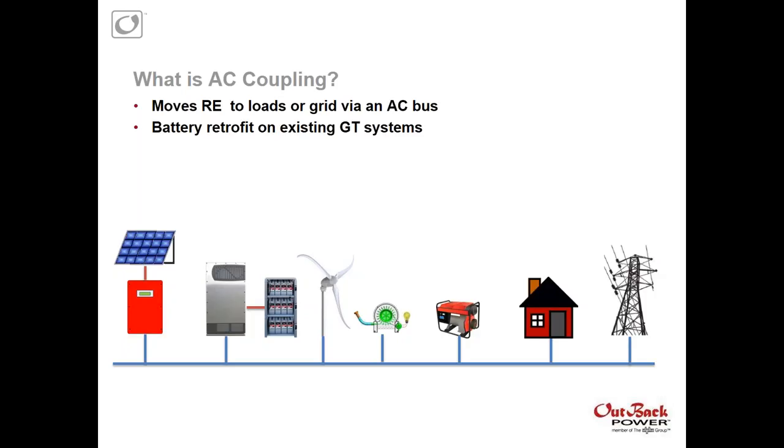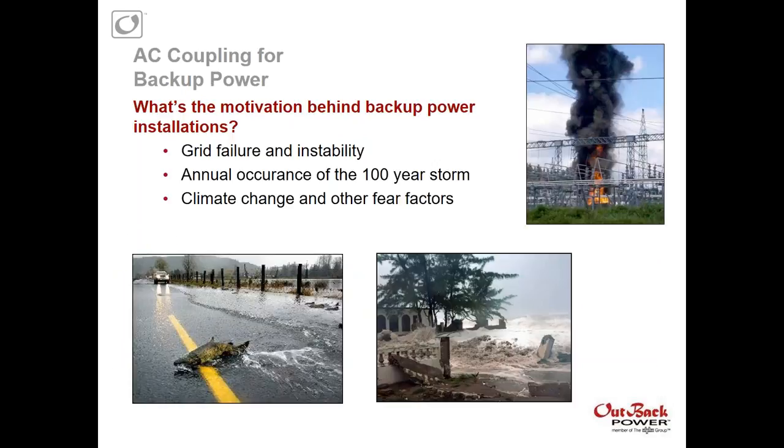When you have a grid tie PV system, as you know, by UL 1741, you actually have to turn that system off if there's a power outage. And despite the fact that it may be a sunny day and you may be making power on the roof, you have no backup.